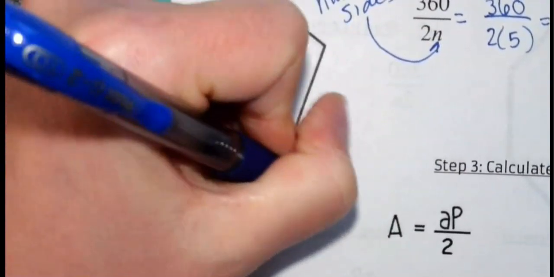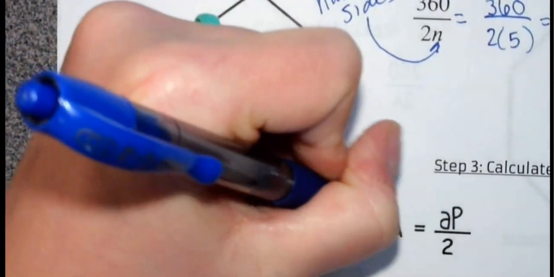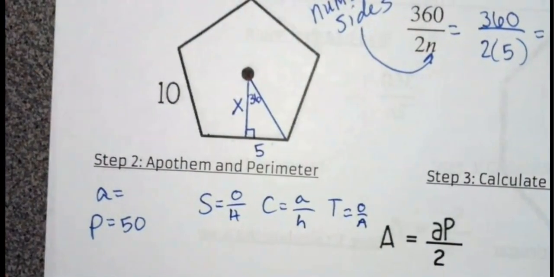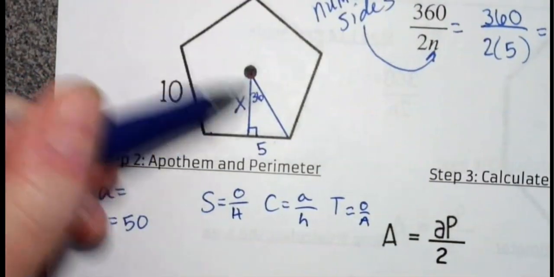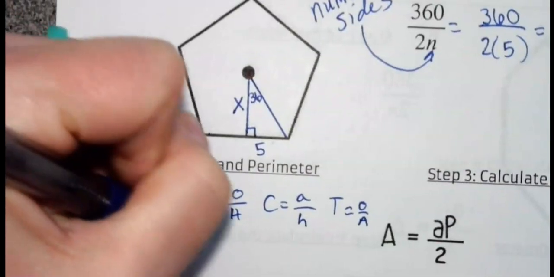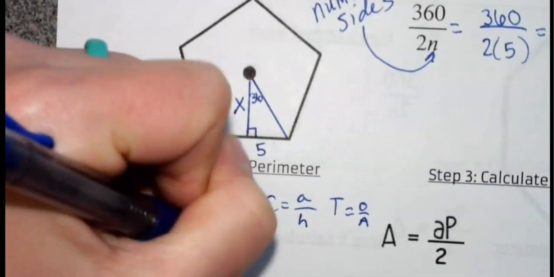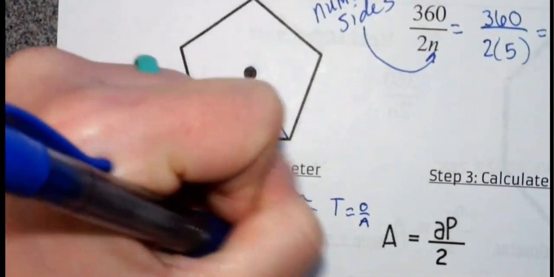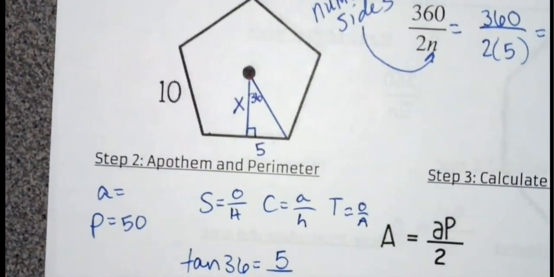And then we need to use trig to solve for the apothem. We are going to use tangent because we have the opposite and the adjacent. We don't have the radius and we also don't want the radius, which is the hypotenuse. So we're going to use tangent of our angle equals 5 over x.